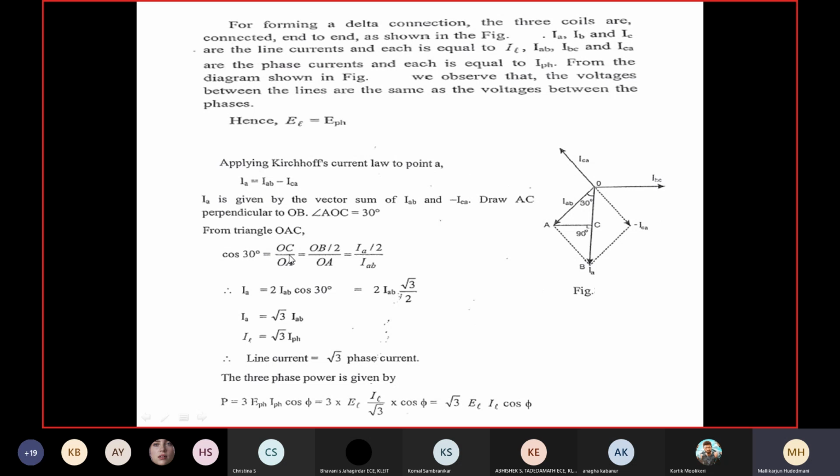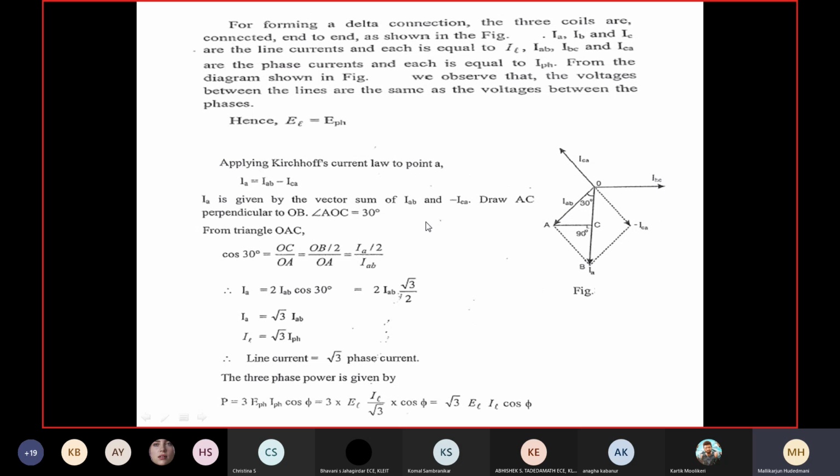Same principle I use. What is OC? OB by 2. OA as usual. What is OB right now? OB is the resultant. What is that? IA. So IA by 2 divided by OA. OA is IAB. Now what is IA from this?